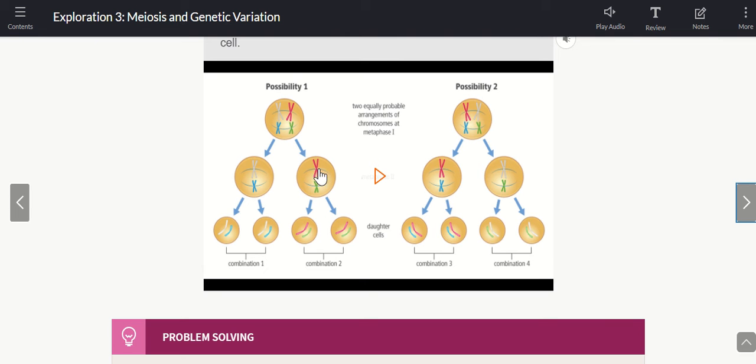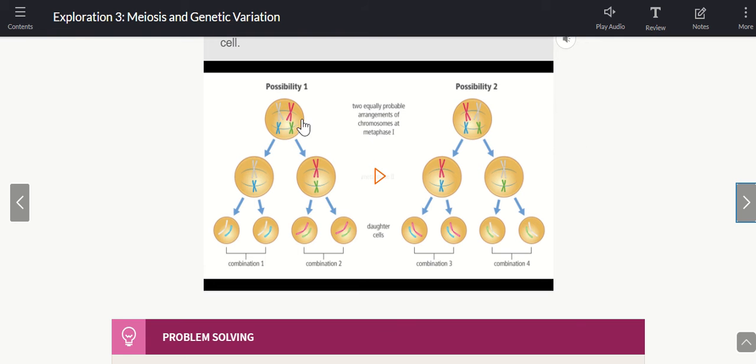So that's one way they could go. We could flip it. It could be a large red and a small blue, large white, small green. Also a possibility. It just depends on how these 2 homologous pairs choose to separate. And again, this process is random, and so it creates different outcomes.